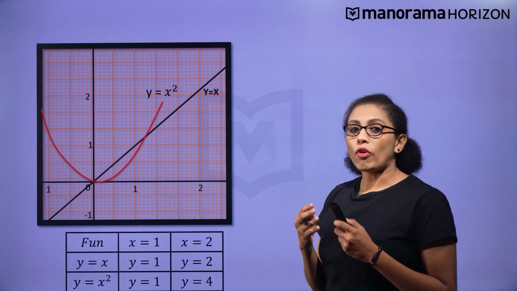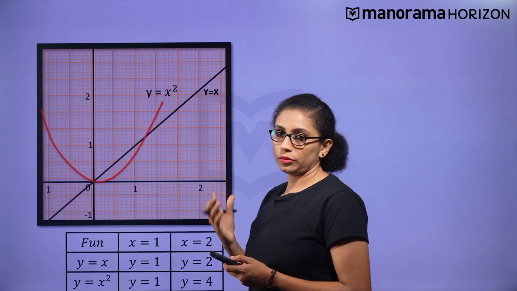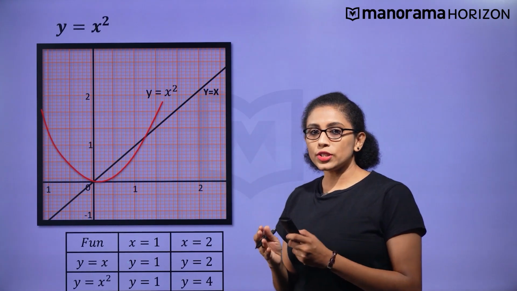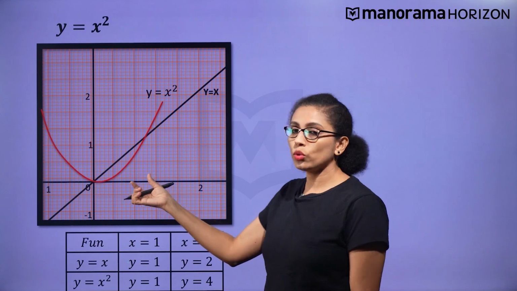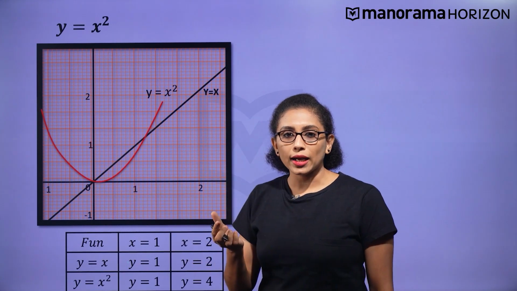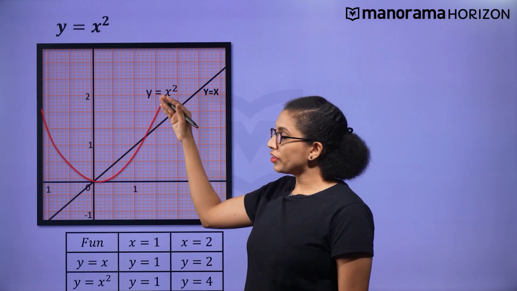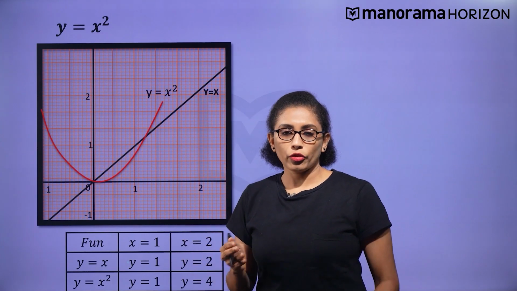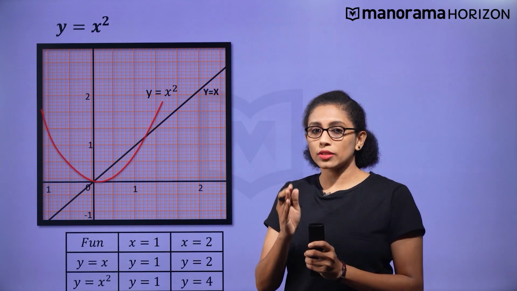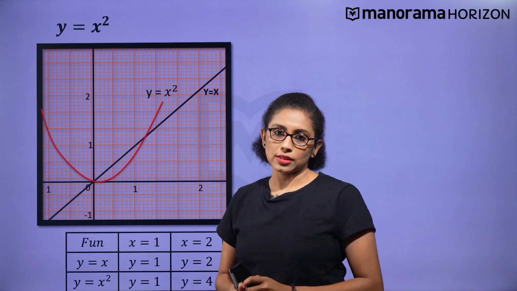When x is equal to 2, y is equal to 2. Now, if we try to draw for y is equal to x square, with reference to the graph, we can notice that the curves get steeper as the power of x increases. For a fixed increment in the value of x greater than 1, y increases.